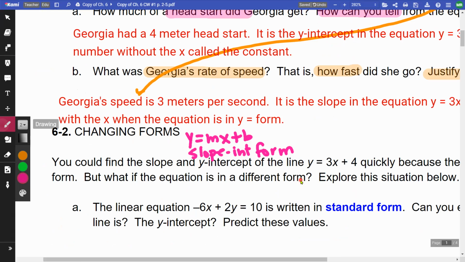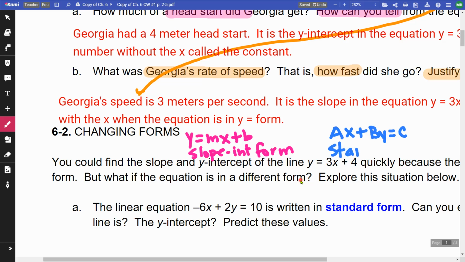And we're going to be talking about another form that they're calling standard form. And standard form is in the form ax plus by equals c, where a and b and c are capital letters. We write them as capital letters, okay? And again, this form is called standard form. It's when you have your x and y on the same side of the equal.